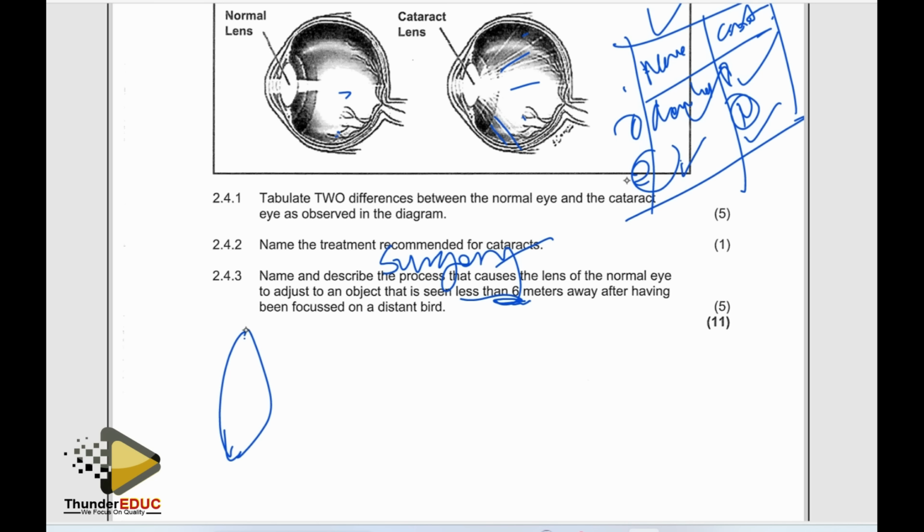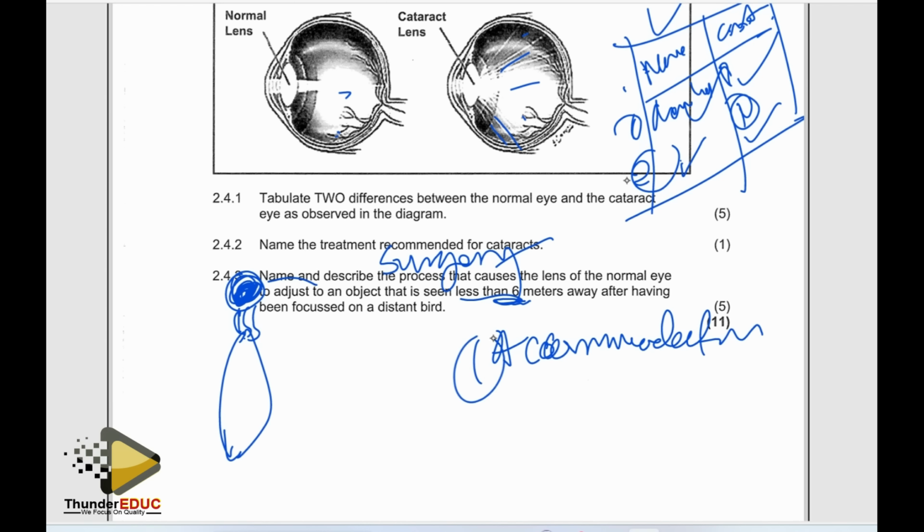For a nearby object, the lens is supposed to be thick, and if the lens is thick, then the suspensory ligament must slacken, and the ciliary muscles must contract.